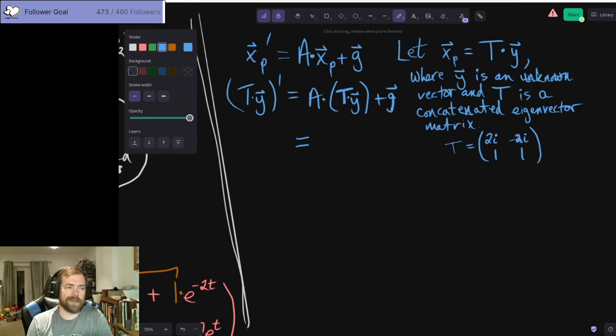How do you diagonalize? Well, I think it's useful to talk about what the diagonalization is doing. You've got your T matrix. Those are your eigenvectors. Mm-hmm. But you're going to turn A into a product of three things.